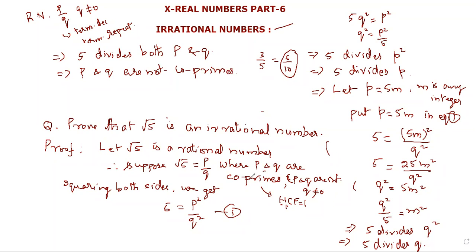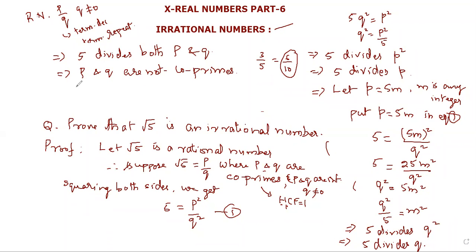That is opposite to our supposition. We supposed that p and q are co-prime, but we have proved that p and q are not co-prime, because we took √5 as a rational number. That means our supposition was wrong.